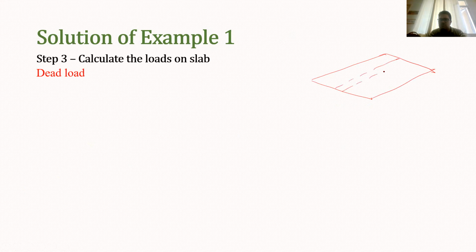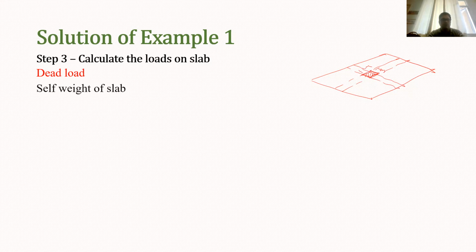Whether we consider the unit strip along the longer span or the shorter span, ultimately we will be calculating load on the unit area. So we consider a unit area, which is 1 meter from this side and 1 meter from this side. Ultimately we are going to calculate load on this unit area only.